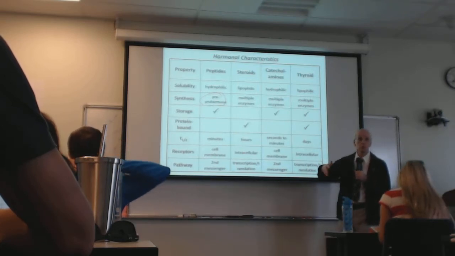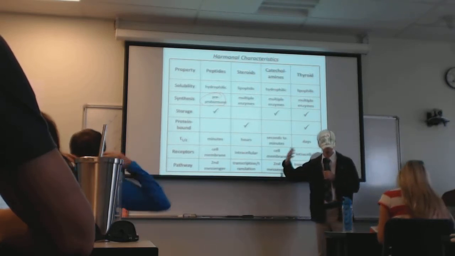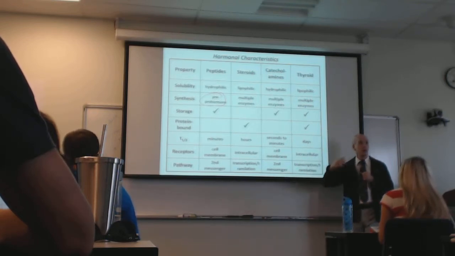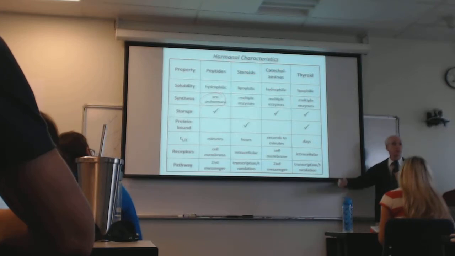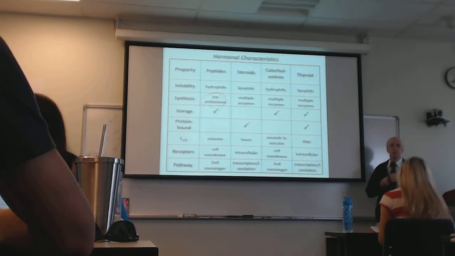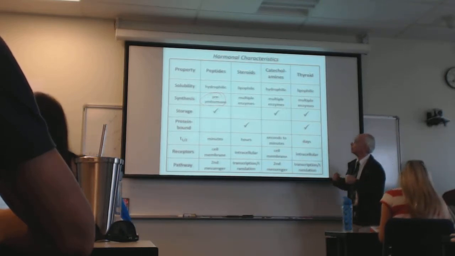Steroids, what are their chemical properties? Can they diffuse through membranes? So why would that present a problem for intracellular storage? How are you going to lock them up? Yeah. You can't confine them. They've got to be free.